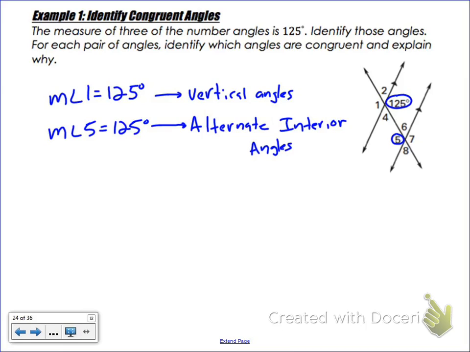And then my last angle that's also going to be 125 degrees is right here, angle 7. So the measure of angle 7 will also be 125 degrees, and my reason for this one is that this is a corresponding angle with my original angle.